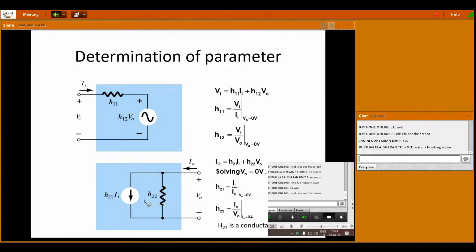Whereas in the second image, in order to obtain your forward current gain, the output voltage source must be open circuited, and to find your output admittance, we have to open circuit your input terminal. So hence here we have H22 equal to, actually this is II, not I0.